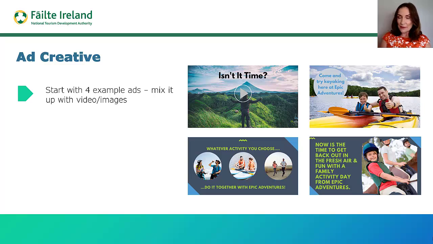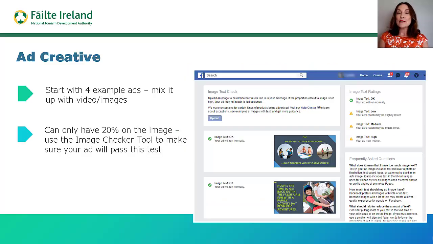Now, there are a couple of things that you need to be aware of when advertising on Facebook. There is a rule that they do not like more than 20% of text on your image. This can be quite challenging if you're running with a logo on your image, for example, and if the logo has a lot of text. It's also quite challenging when we want to run with offers and we want to put the text of our offer onto the image.